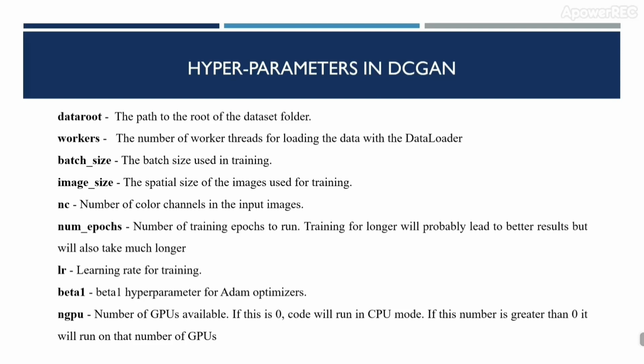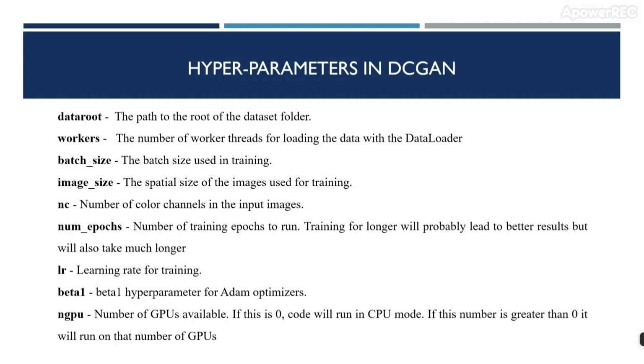The generator model takes a point from the latent space vector and generates a new image. NDF sets the depth of feature maps propagated through the discriminator. NGF sets the depth of feature maps passed through the generator. Number of epochs defines the number of training epochs to run. Training for longer will lead to better results.